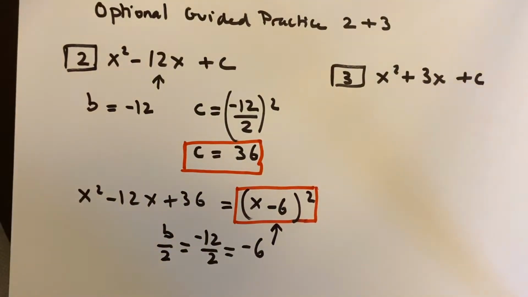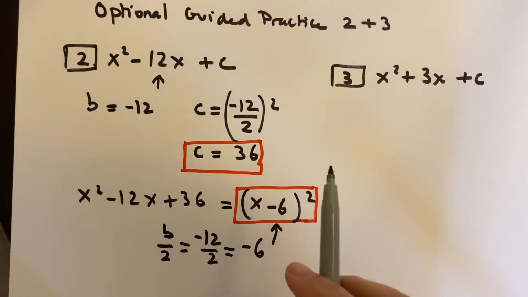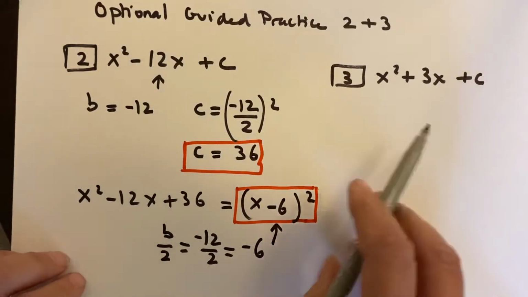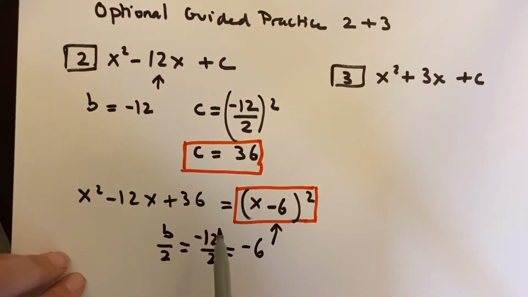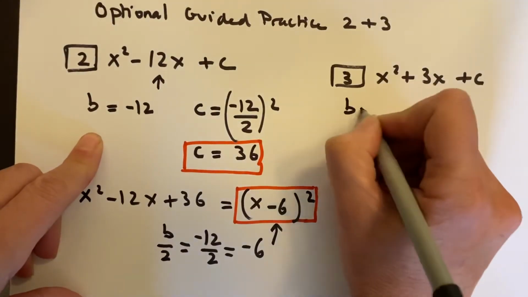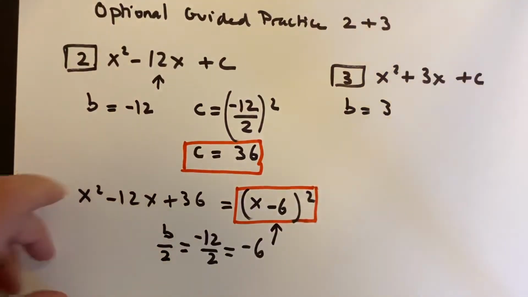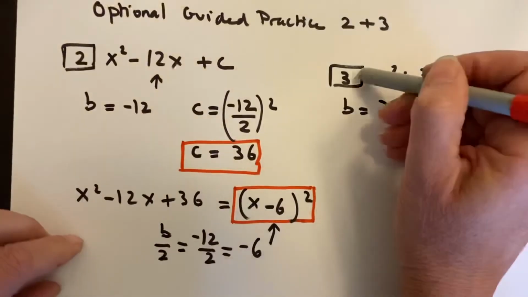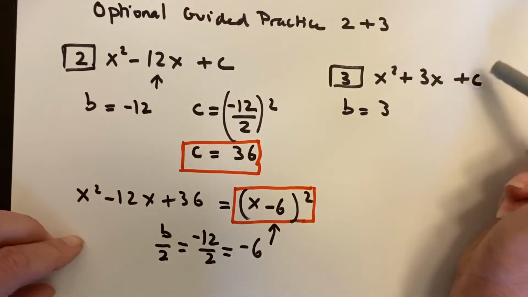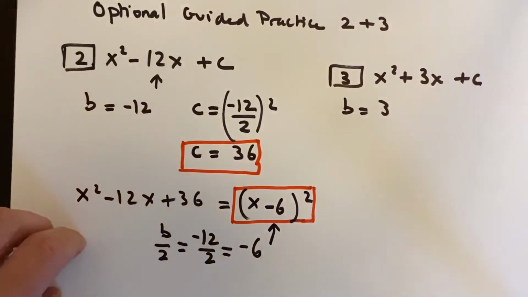And I suggest that as I go through these, and I should have mentioned this at the beginning, but this is as good a place as any, that as I write it down, first you work it out and then you look at what I've done so you can check whether or not you're doing it right. So b here, I can see b equals 3, right? Remember, a is the 1 in front of the x squared, b is 3 times the x, and c, we don't know. That's what we're trying to find out.